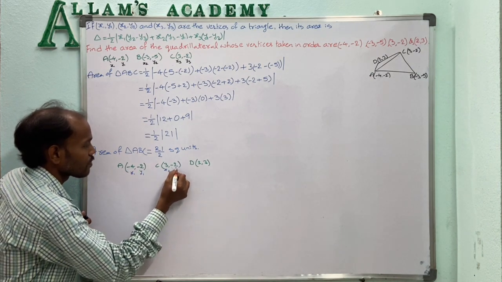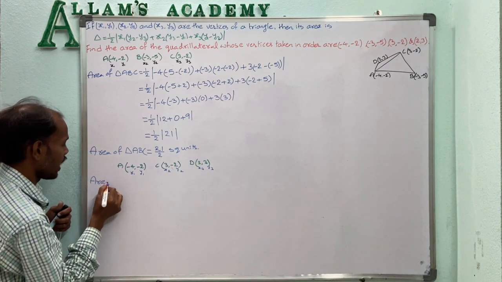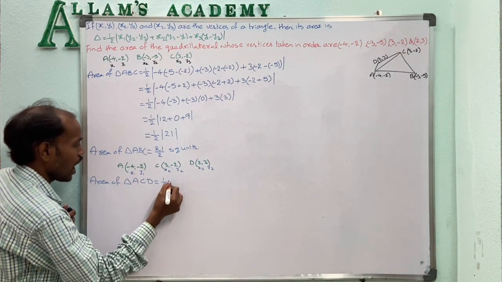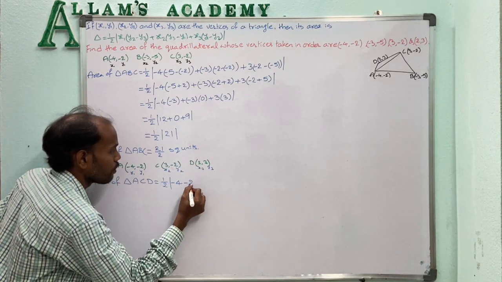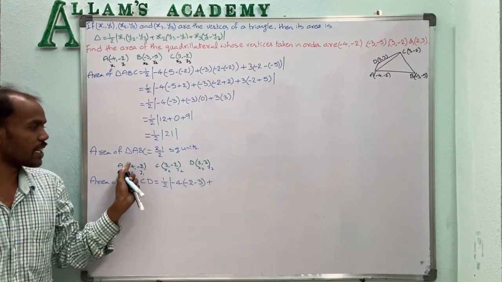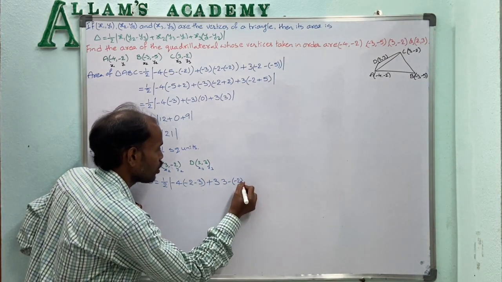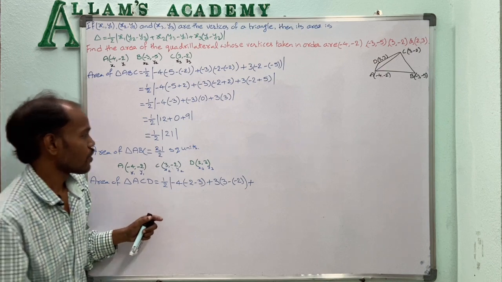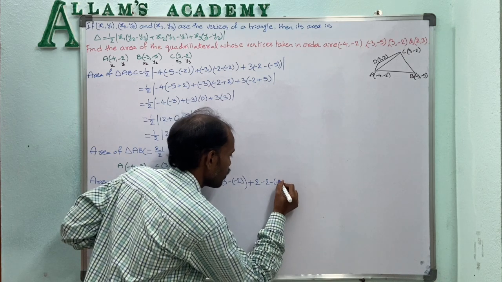That is half of mod x1 into (y2 minus y3), so -4 into (-2 minus 3), plus x2 into (y3 minus y1), that is 3 into (3 minus of -2), plus x3 into (y1 minus y2), so 2 into (-2 minus of -2).